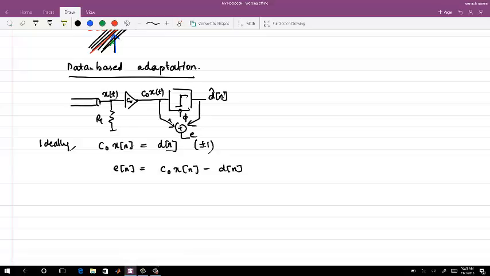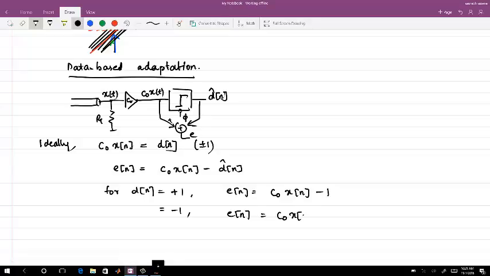So for d of n equals positive 1, I will have error C naught times x of n minus 1, whereas for d of n equals minus 1, I will have error C naught x of n plus 1. So can you tell me what will be the xn in the first case?